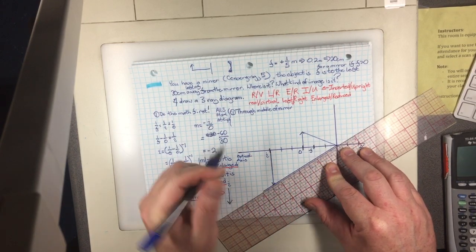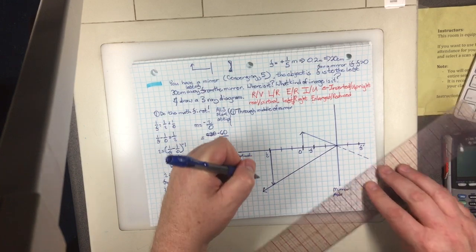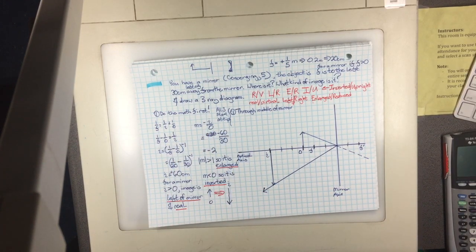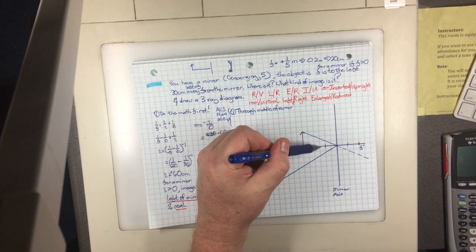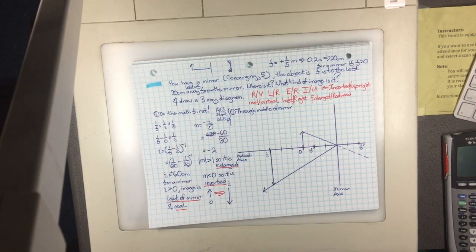So the ray looks like that. And if you were really to measure this angle and that angle, the law of reflection says that they should be equal. And I've taken protractors out before and taken a look at it, and it's really close, within error of me not being an artist or an engineer or an architect. I mean, they should be able to do it, but not me.